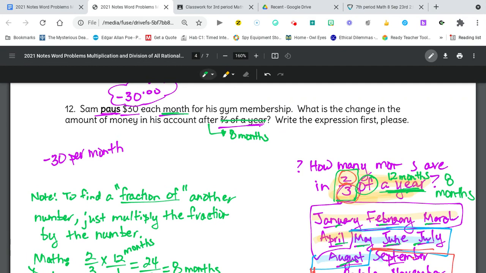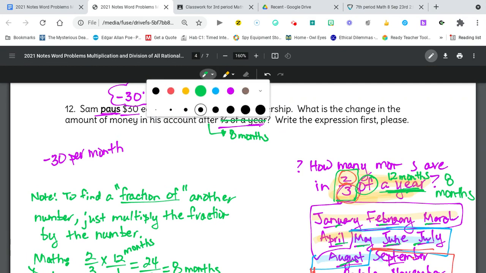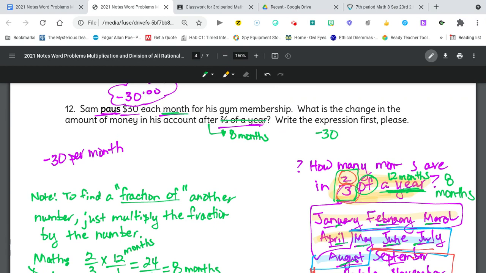Now read it as after 8 months and write the expression first. Okay? So this negative 30 is going to come out 8 times. Why am I using a negative on a 30? Because Sam is paying it out of his pocket. It's a loss of money. Because I'm not using the word pay, I must use a sign to indicate that that pay is negative. Okay? So that's going to give me negative $240.